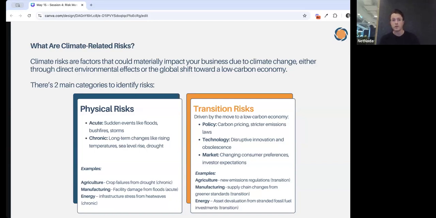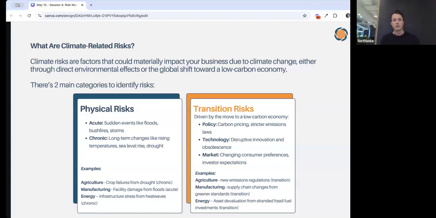Transition risks come from the global shift towards a low carbon economy, new policies, carbon pricing, disruptive technologies, and even just the changing expectations of consumers and investors. So both of these things, as you can understand, can hugely, materially, sorry, it's a hard word to say, impact your business, but in very different ways.